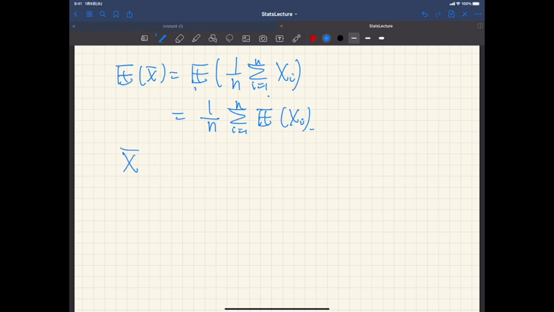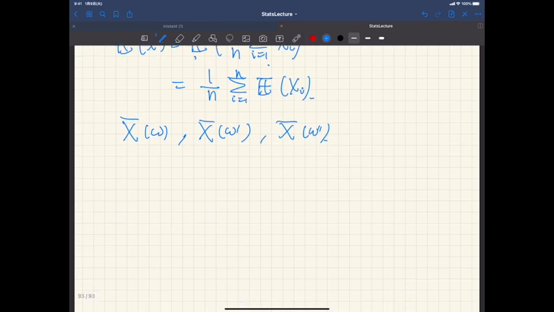And each measurement of x bar, like this one, and next year, and maybe next year, they all have different values. But it is known that if we increase the number of samples n, then their deviations should be smaller.